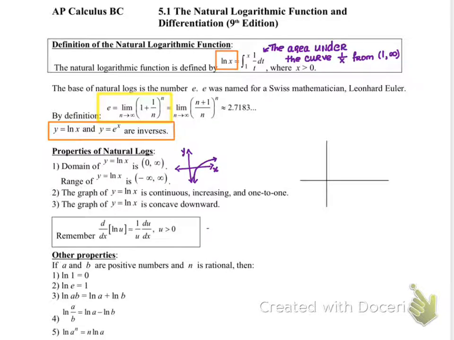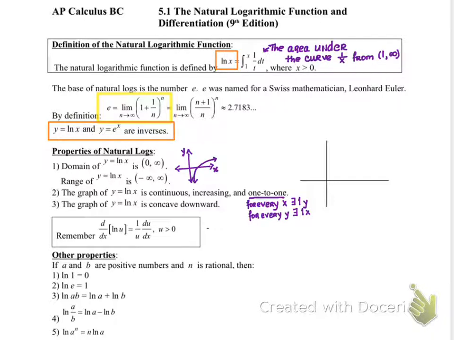1 to 1 is something we have not talked about much before getting to calculus. It means for every x there is one y, for every y there is one x. And the graph is concave down. Now concave down is not something that we have talked about, so I'm going to talk about it very quickly.